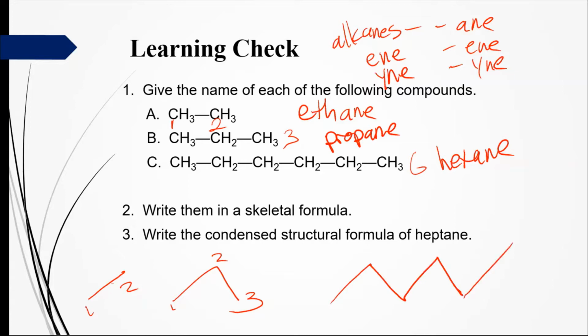What I would recommend when you draw your structural formulas, always count your carbons at the end. It's very easy to add in either 1 extra or be 1 short, because sometimes we either forget to count the first point where we put our pen down, or we only count the dashes that we make. So you want to go back and double check that part. And so then if we want to do heptane, heptane should be 7 carbons in a row. Now we need a little bit more space for that.